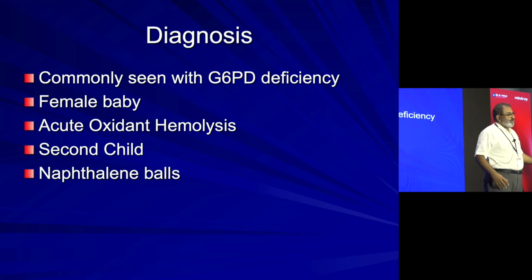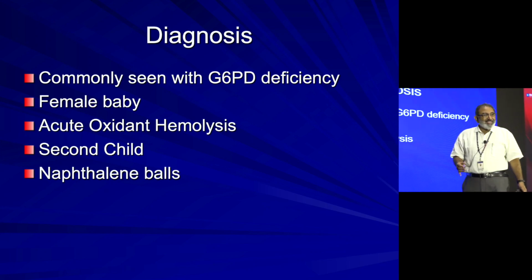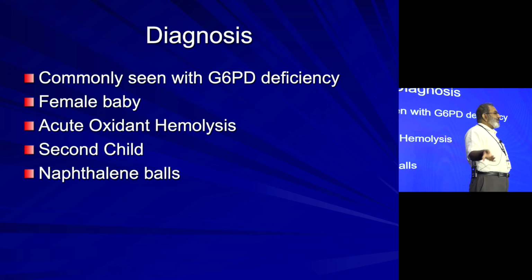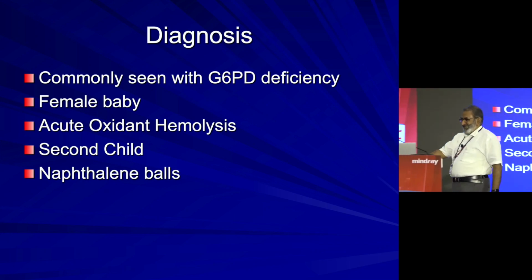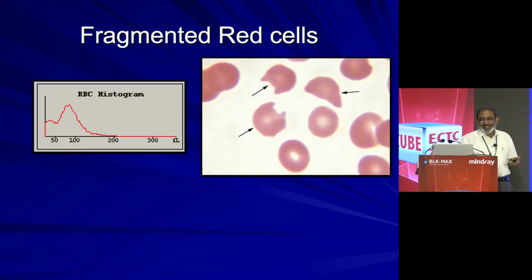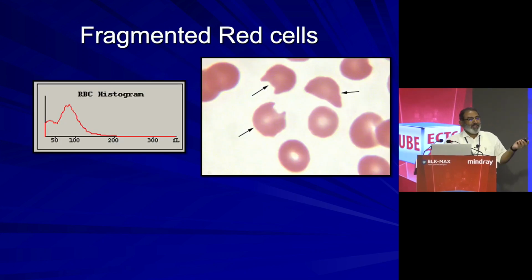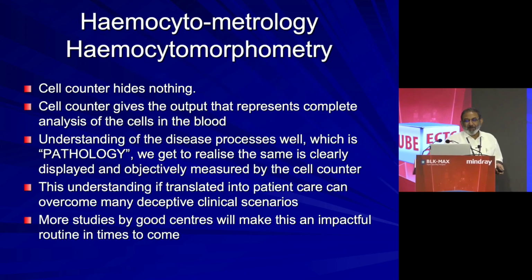So he goes. 10 minutes later he calls me, how did you know all this? So I said a good morphologist can look at the peripheral smear and tell what the child is wearing. So that's called competency. And of course you can see fragmented red cells in the peripheral smear also.